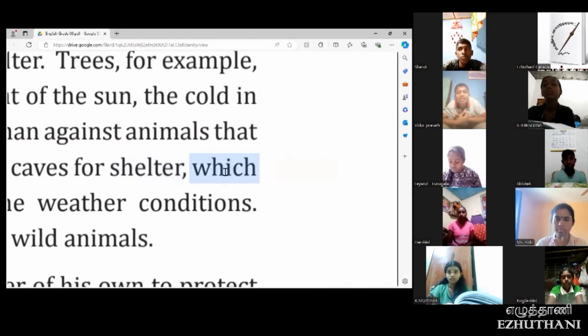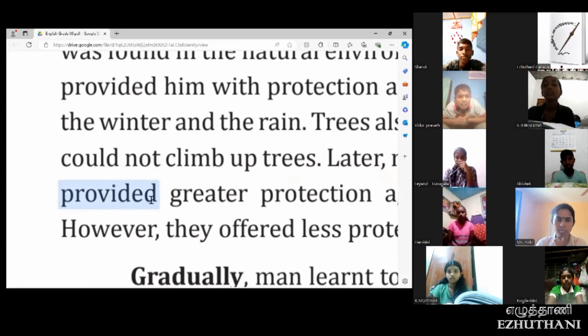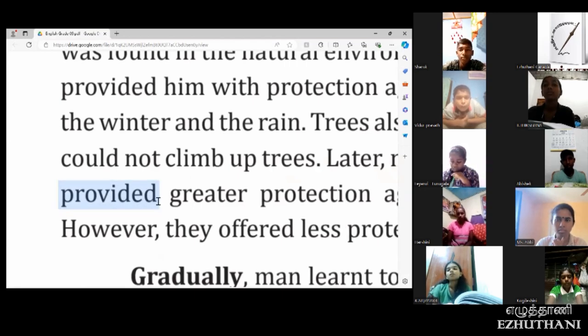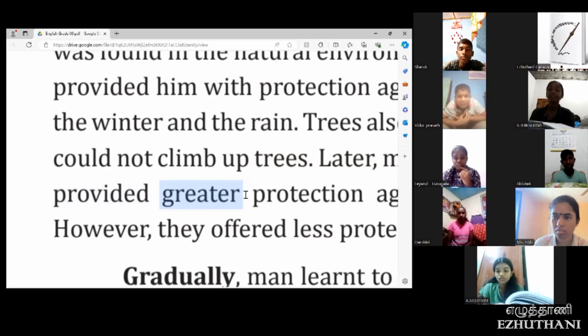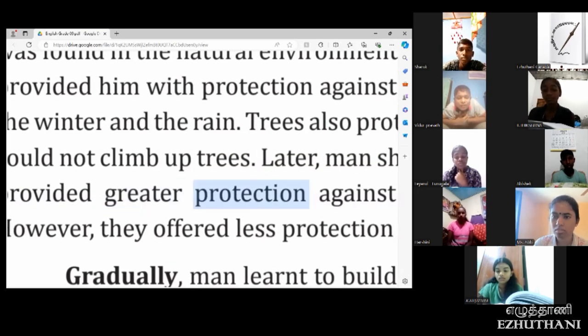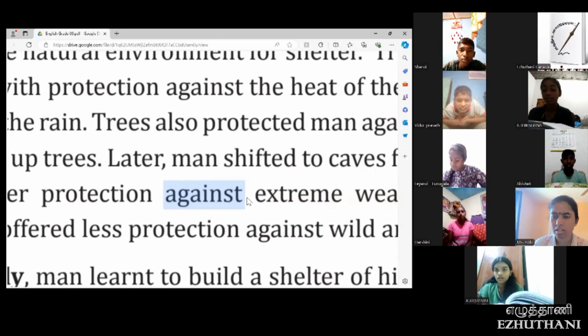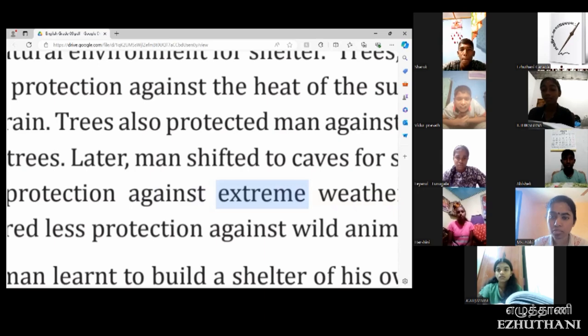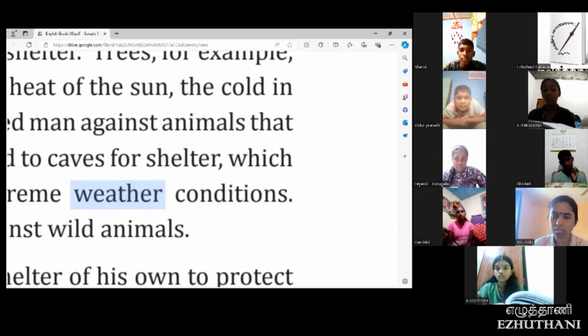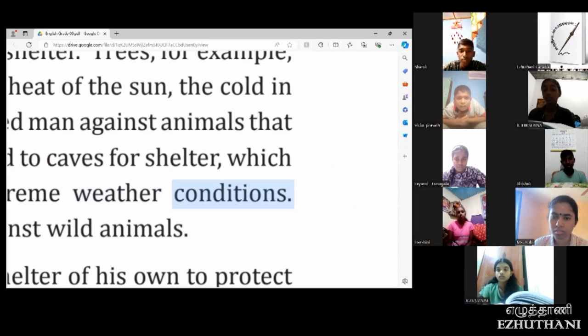Shelter. Good. Which provided greater protection against extreme weather conditions. Okay?